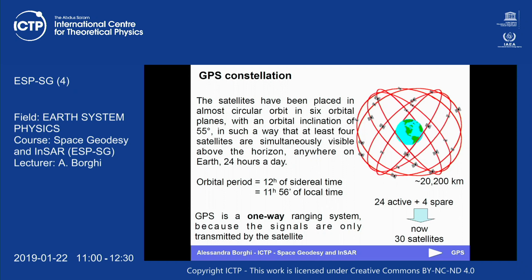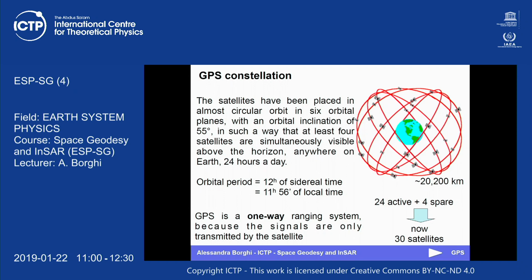So we have satellites of block 1, block 2, block 3. It means that the technology of the satellite is changing: the instruments, the frequencies that are used, the number of frequencies, and so on. So a new satellite started to work a few days ago.